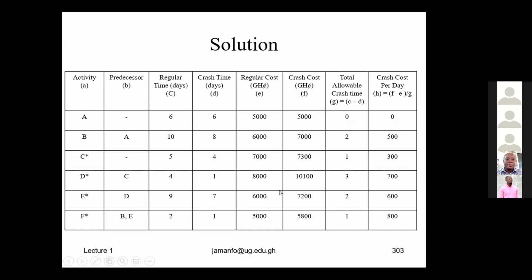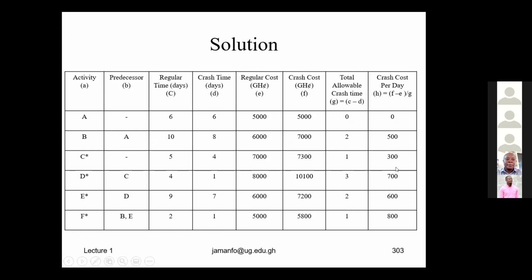Now we need to determine how much it will cost us to crash each activity per day. And that is what we have estimated here. So starting from the critical activities, C, D, E, F, the lowest cost is 300, followed by 600, 700, and 800.